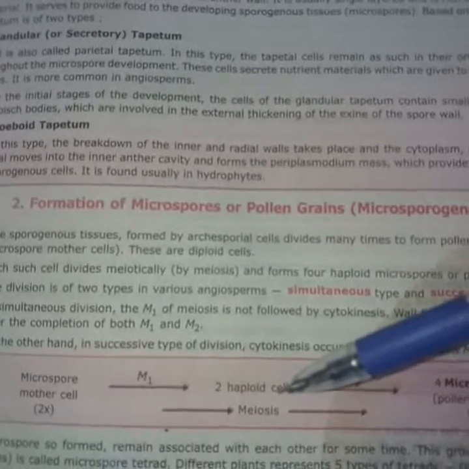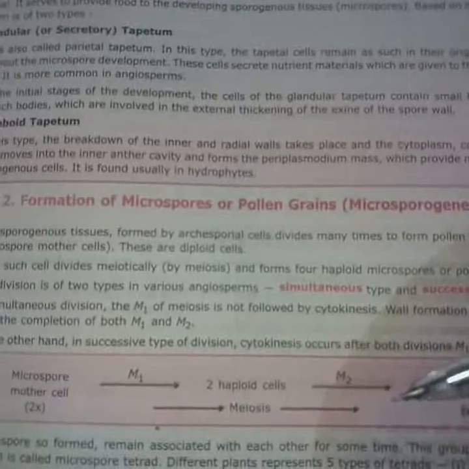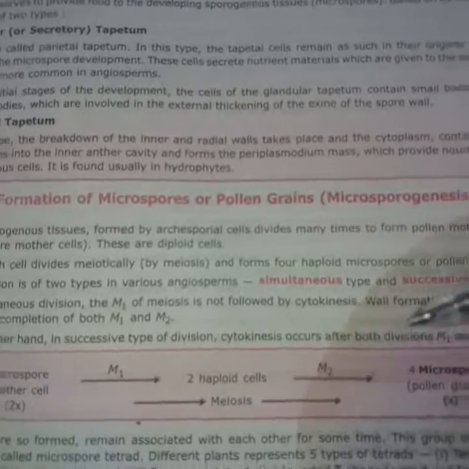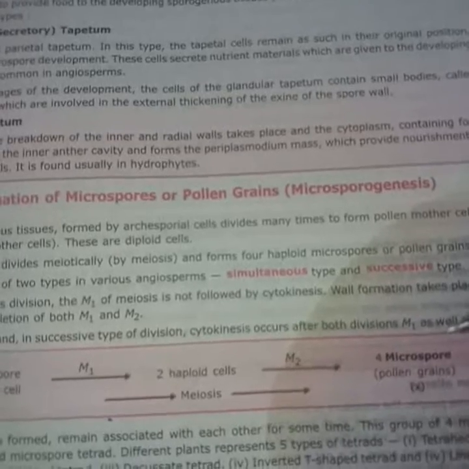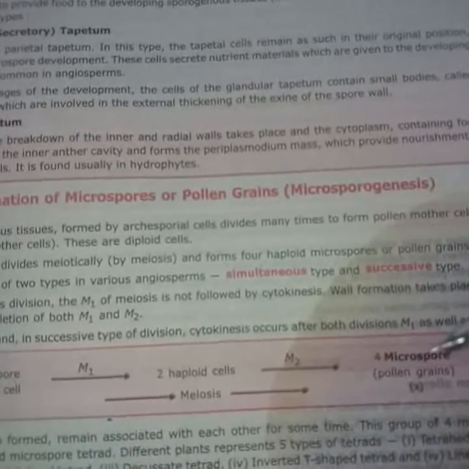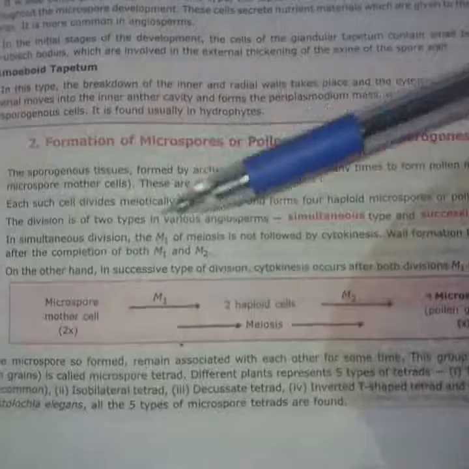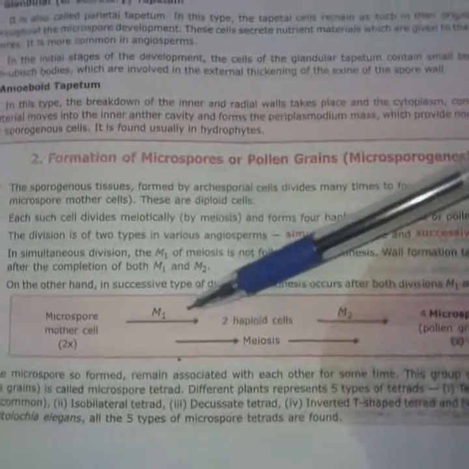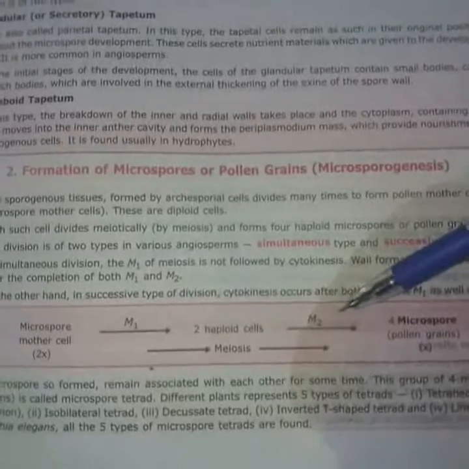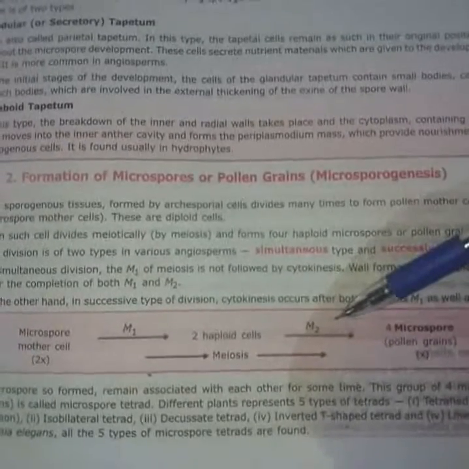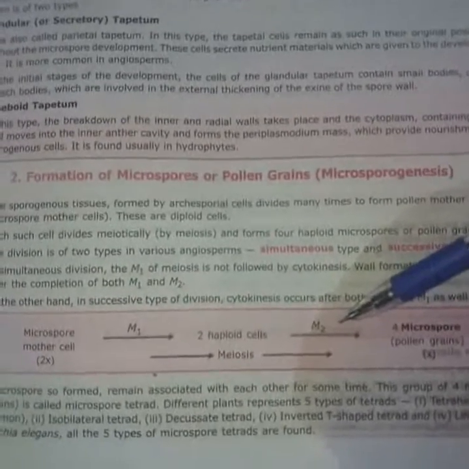In the second meiotic division, it forms four microspores or pollen grains. This is called the M1 phase, or meiotic first division, and this is M2, the meiotic second division.